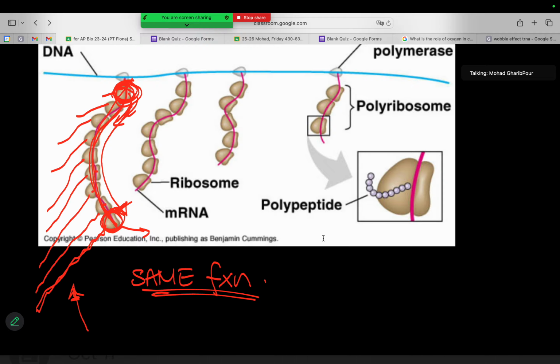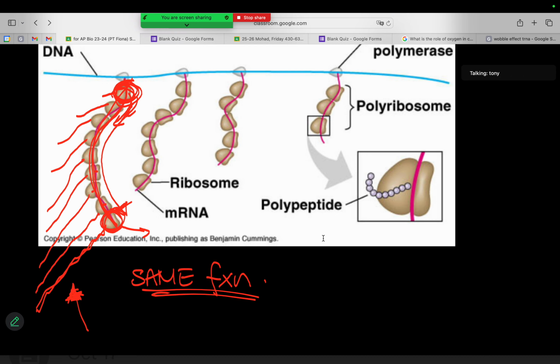The cell doesn't just require one protein to do a bunch of enzymatic reactions, for example. You need a ton of enzymes to be able to do a reaction quickly, right? So you're going to need a ton of proteins.